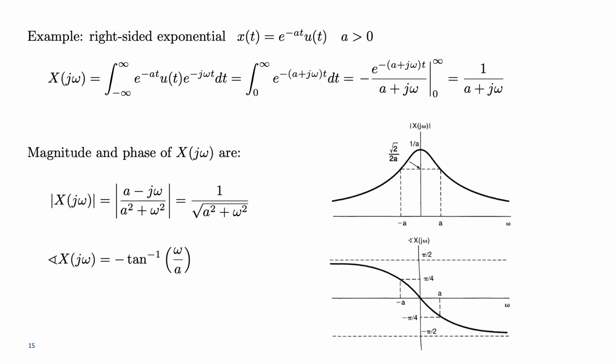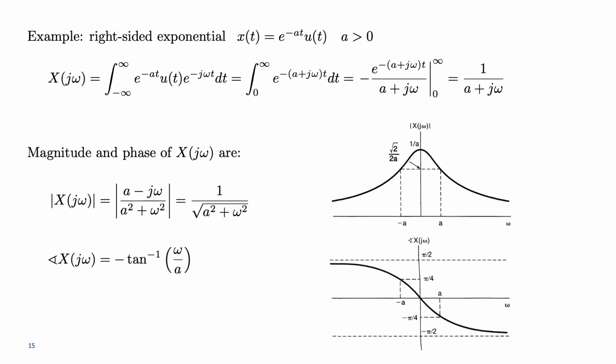So if my omega is 0, then I have a real number, 1 over a, so the phase is 0. If omega grows to plus infinity, then what I have is 1 over j infinity, we could think. So it's a purely imaginary number with a negative imaginary part, because j is at the denominator.